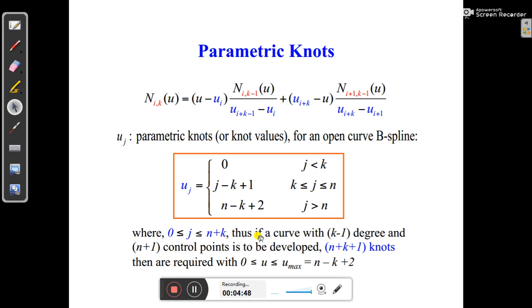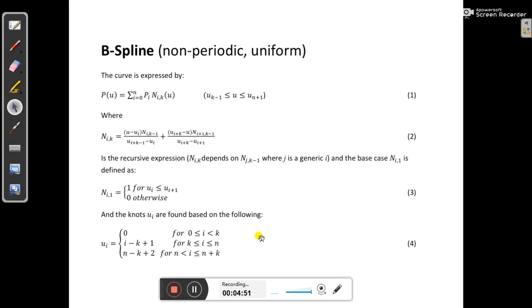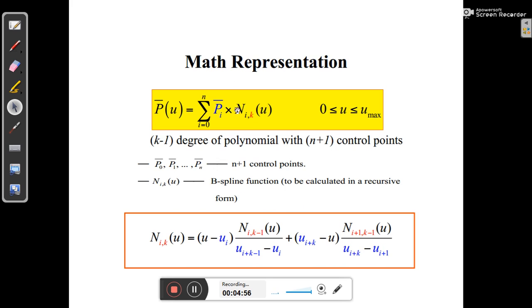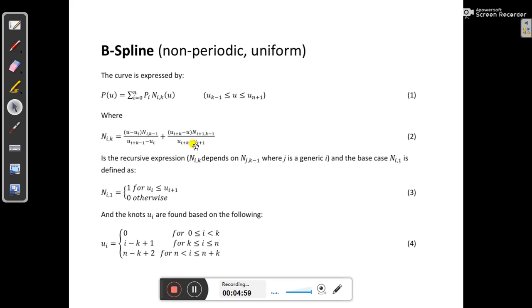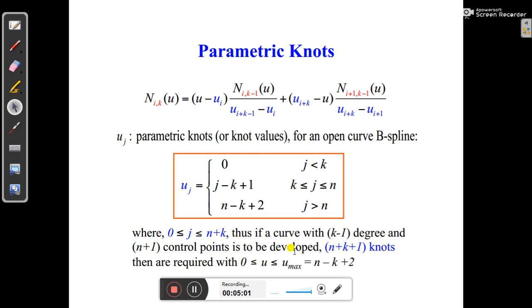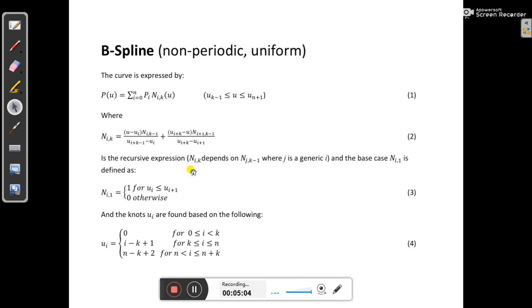We will understand if we go to an example. So the curve is expressed by this equation, where Nik is this equation, the recursive expression. This equation is a recursive equation, and the base case Ni1 is defined. Nik is the recursive equation that depends on Nj k minus 1, where j is a generic i.